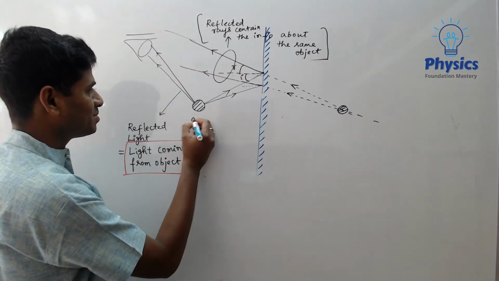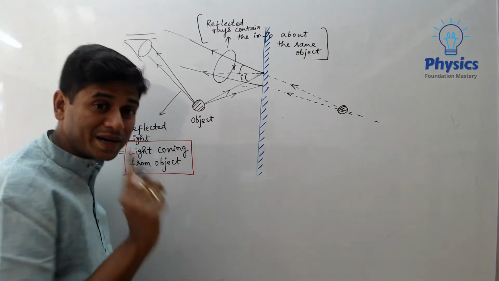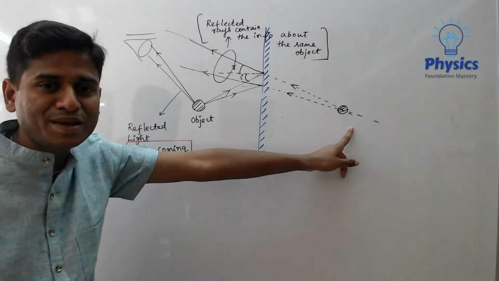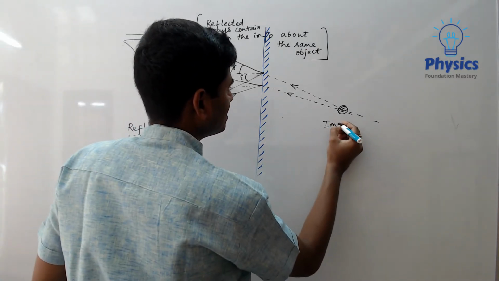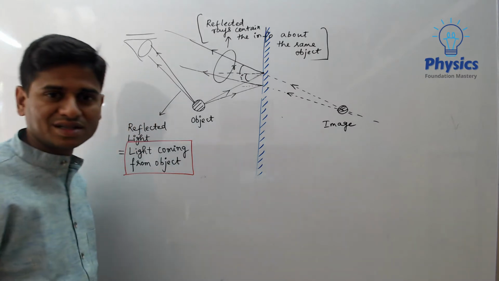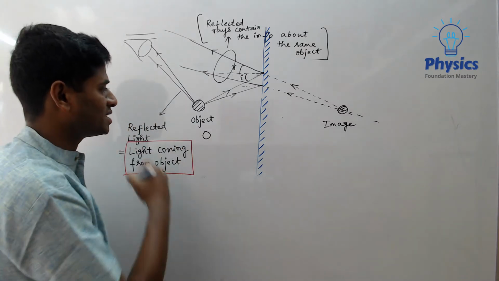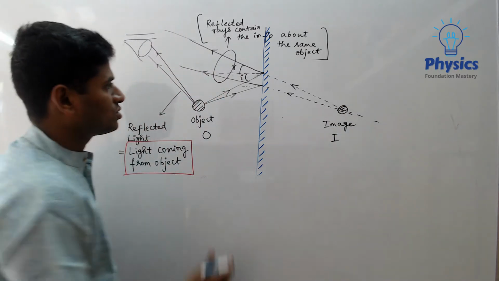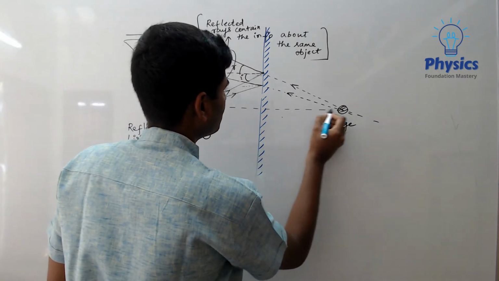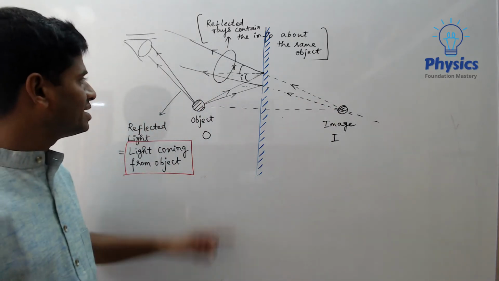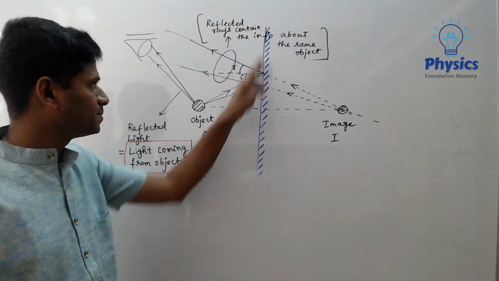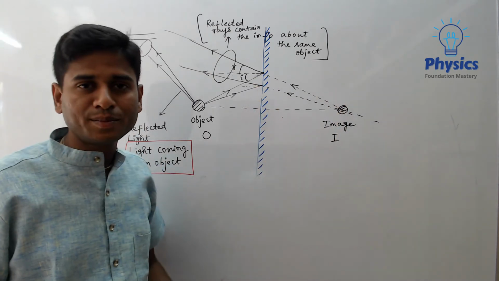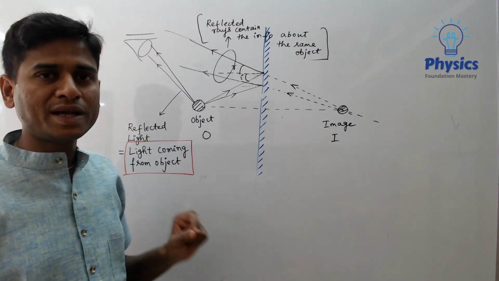The actual ball, which is the object, is here. But I also see an image here. This is the image. Object is represented as O and image is represented as I. Of course, through geometry we can prove that the distance of the object to the mirror and the distance from the mirror to the image are the same in the case of plane mirrors.